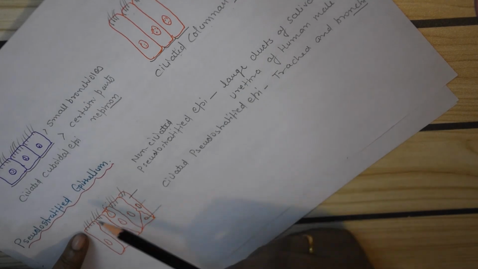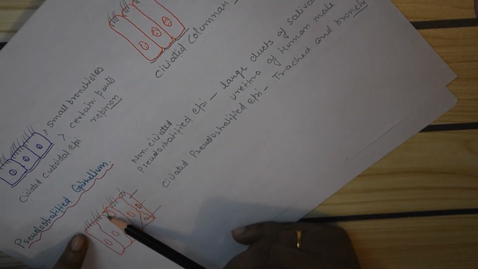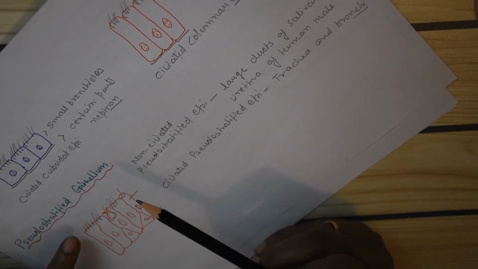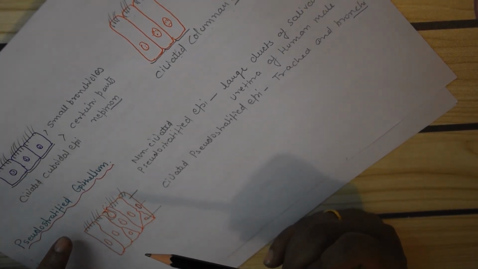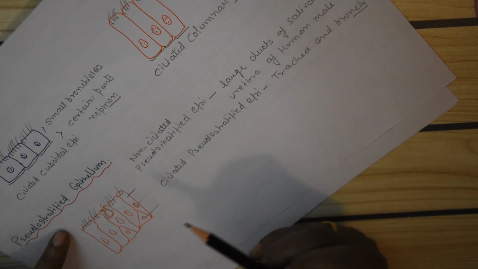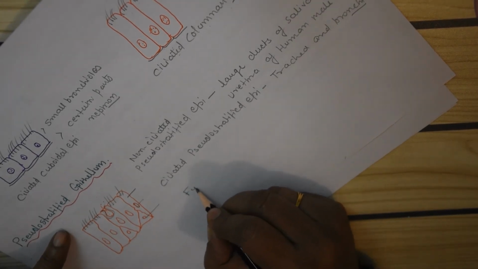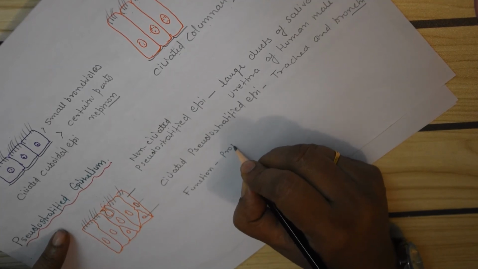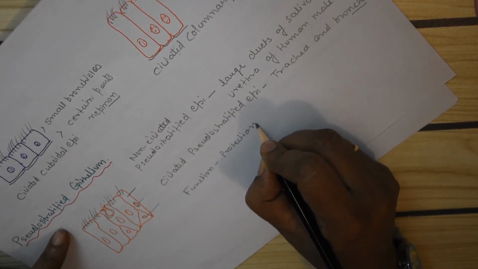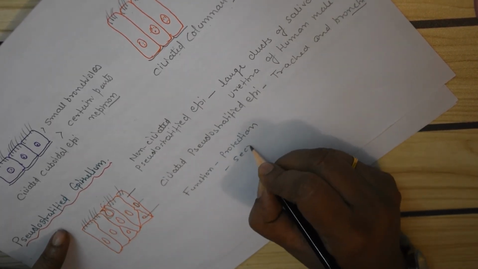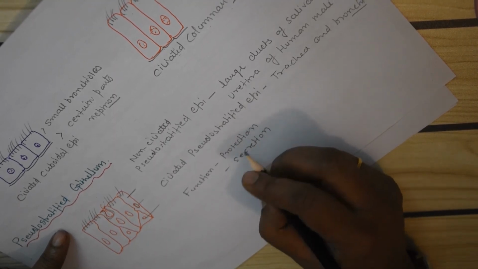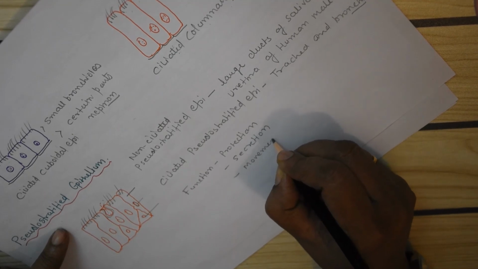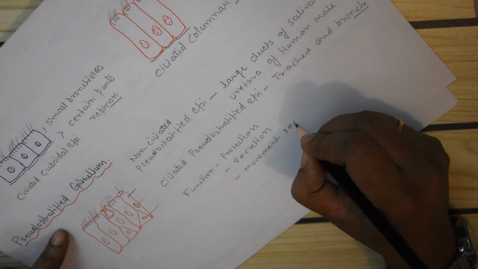Apart from this, mucus producing goblet cells are also present in the pseudo-stratified epithelium. The functions are protection, secretion and movement of secretion from the gland.